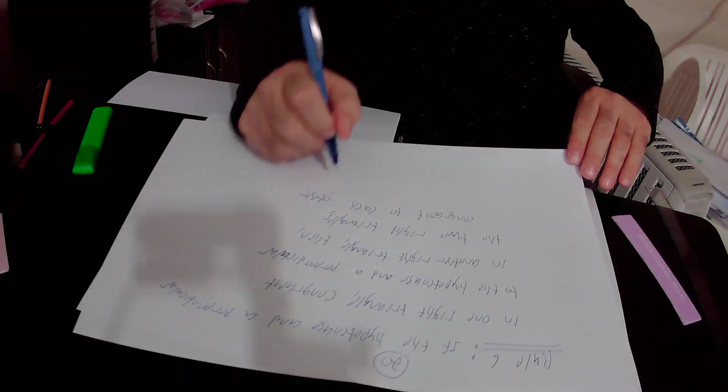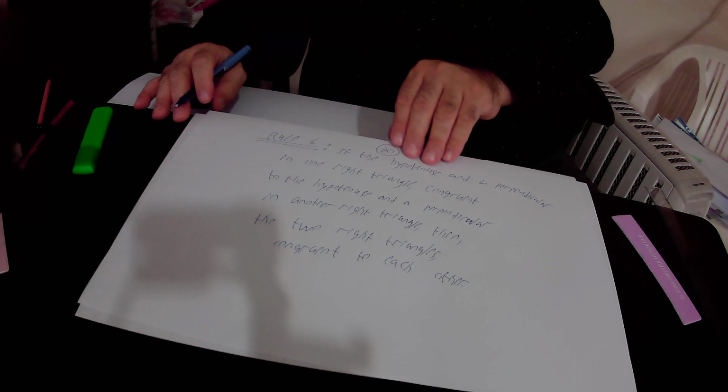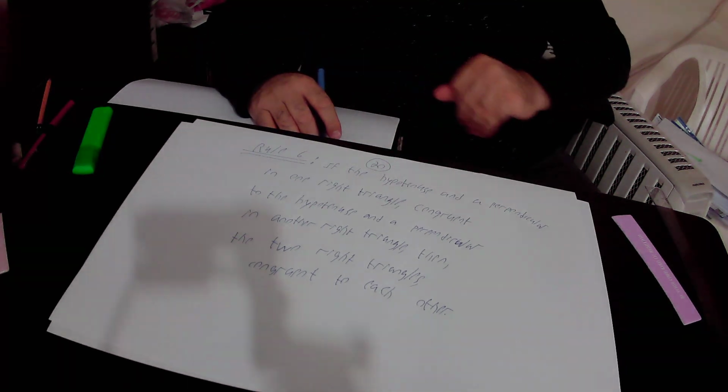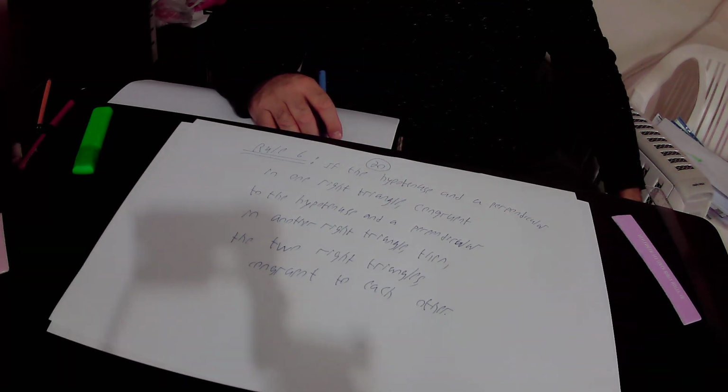So I will read rule number 6 again. Rule number 6 says that if the hypotenuse and the perpendicular in one right triangle are congruent to the hypotenuse and the perpendicular in another right triangle, then the two right triangles can go into each other.